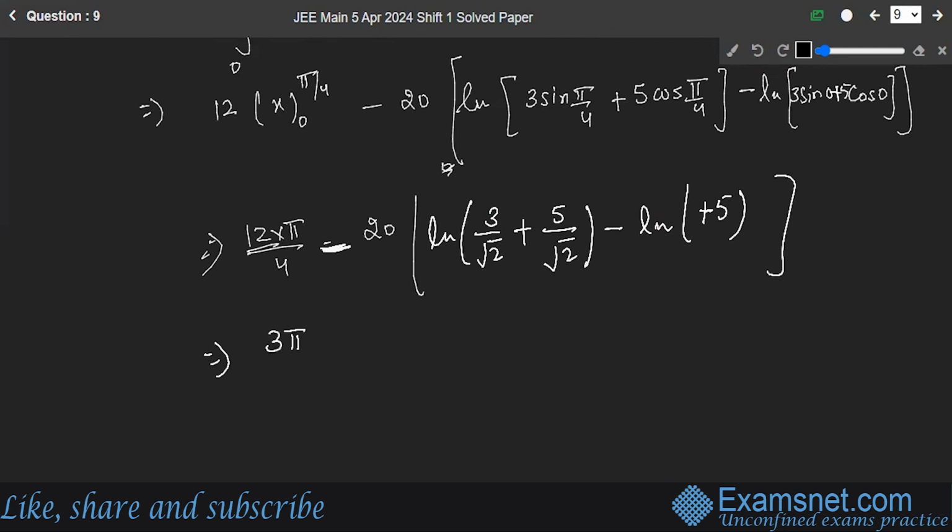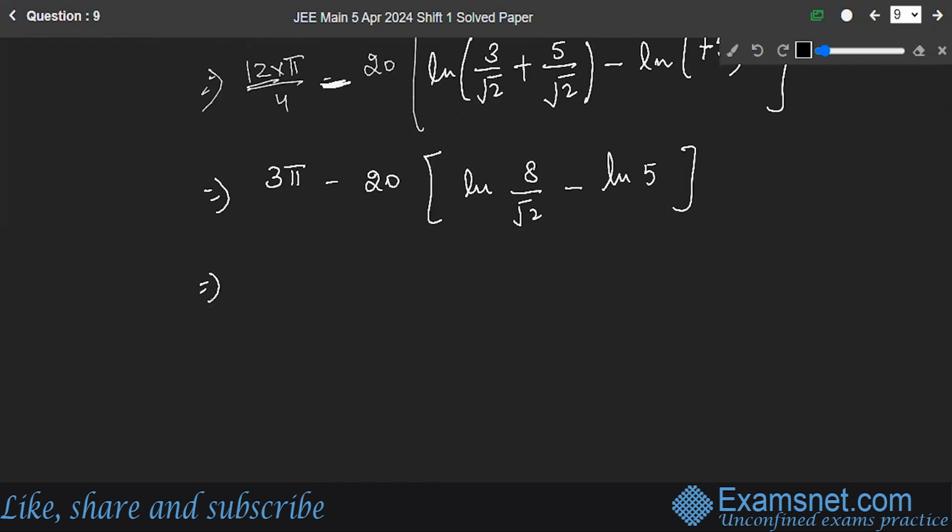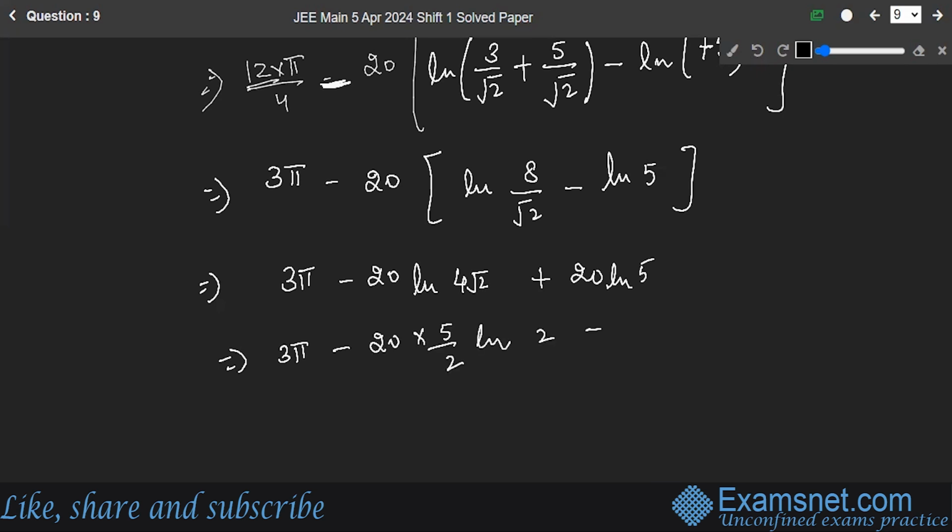This is 3 pi minus 20 log of 8 upon root 2, minus log of this. This will give me 3 pi minus 20 log of 4 root 2 plus 20 log 5.